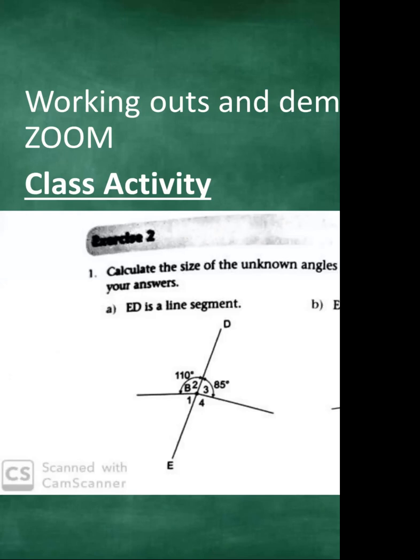But I asked you guys to calculate angle B1, and B1 is unknown. And we only have our 110 on the other side. So the only thing remaining is 70 degrees for B1, which we calculated.